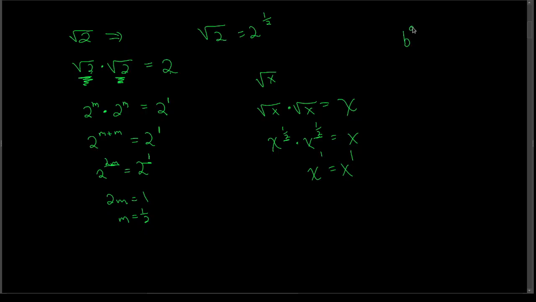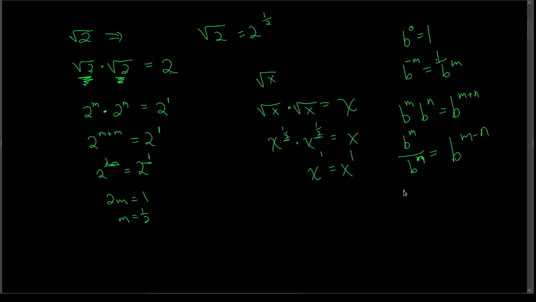Right? b to the 0th is 1, b to the negative m is 1 over b to the m, b to the m times b to the n is equal to b to the m plus n, b to the m over b to the n is equal to b to the m minus n, b to the m to the power of n is b to the m times n, and so on.